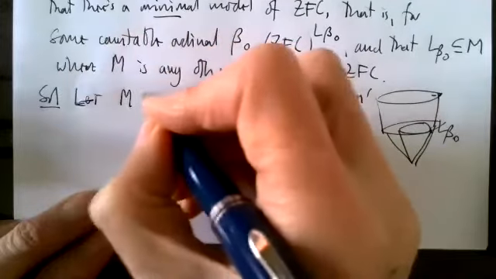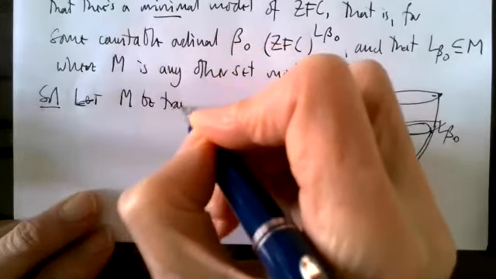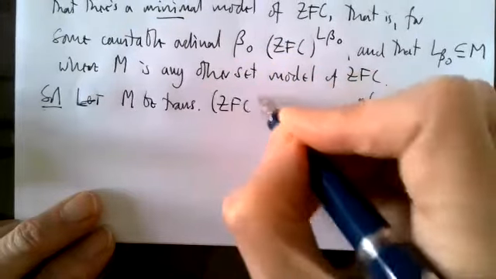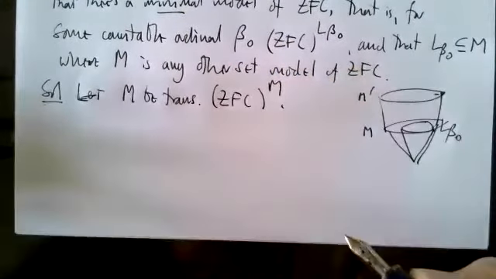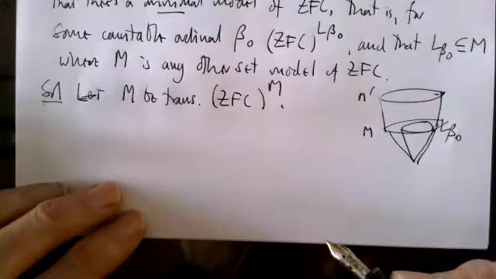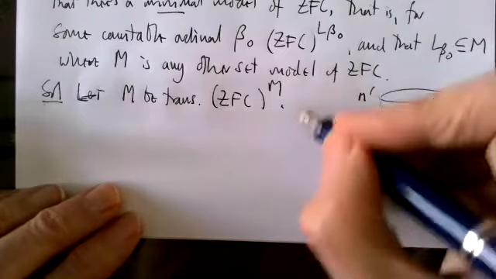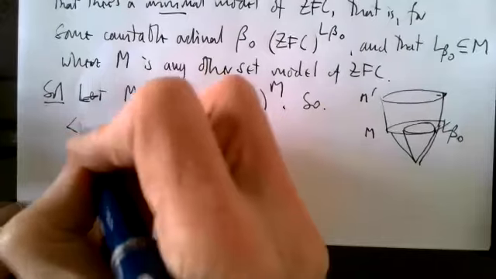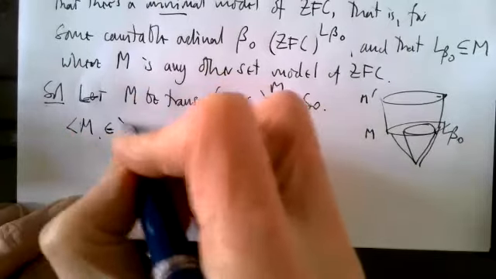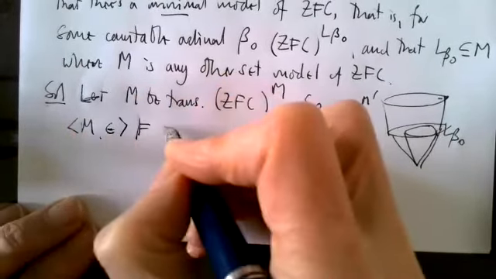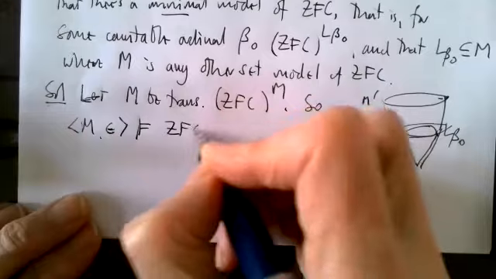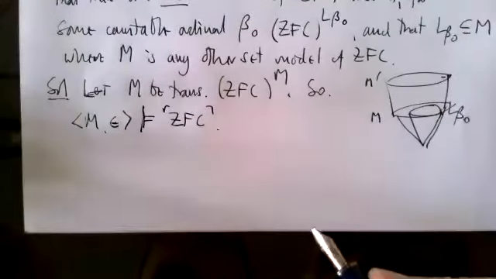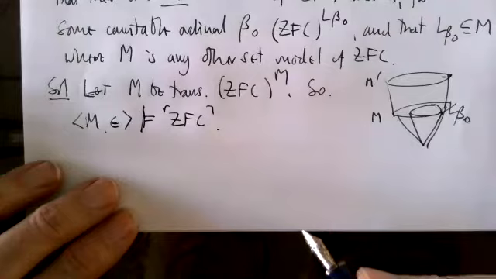So let M be transitive. And it's a model of ZFC. So, in fact, M with epsilon is a model of all the axioms of ZFC here.